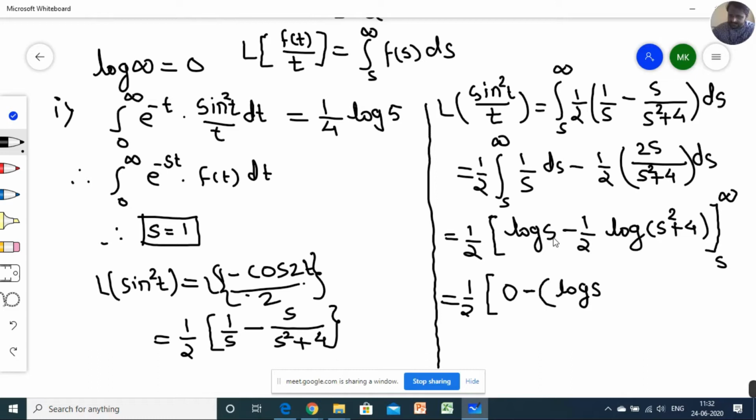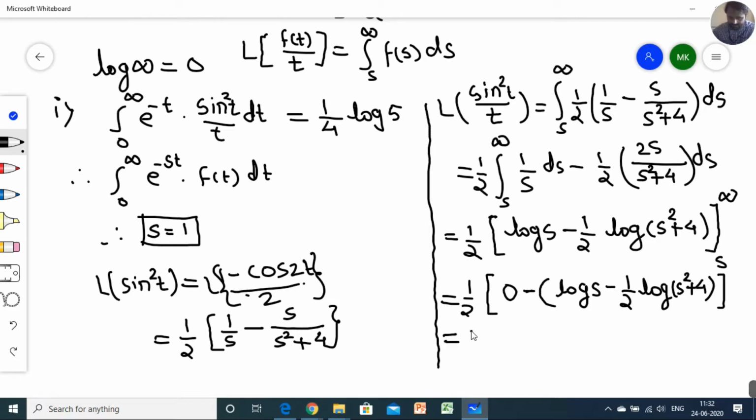If you put s in place of s, you will get the exact value. Now minus 1 by 2 as it is, log of s square plus 4 kept as it is. So while simplifying this part you will get 1 by 2 into, I am writing this part as positive because minus into minus becomes positive, 1 by 2 log of s square plus 4 and minus log of s.